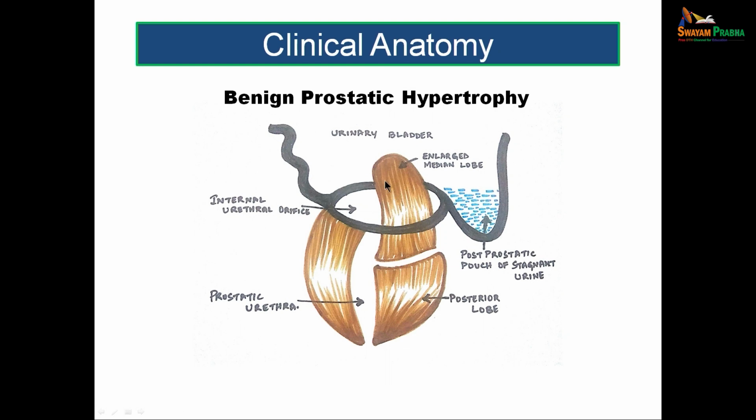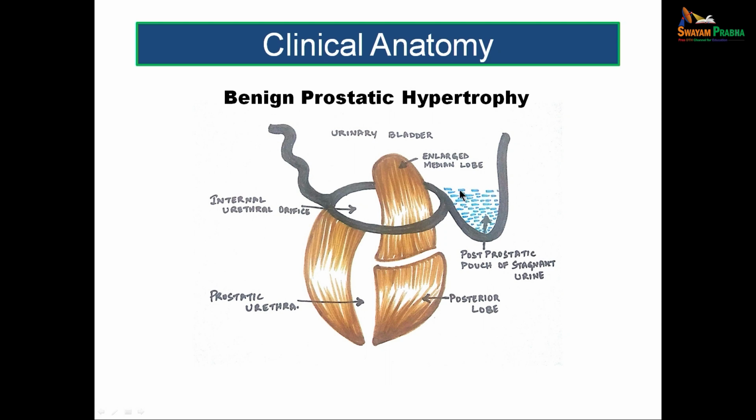In case of benign prostatic hypertrophy, it is usually the median lobe which is enlarged, and this median lobe forms the uvula vesicae in the floor of the trigone of the urinary bladder, which you find enlarged to a maximum extent. So, there is a small pouch-like area in the bladder behind the median lobe. This area will start collecting urine, and the urine gets stagnated here.